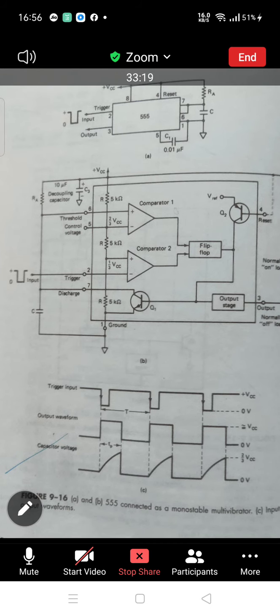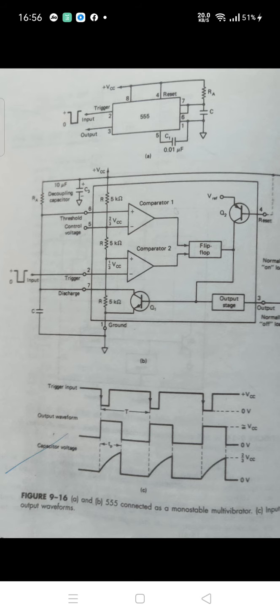According to this figure, the second one, figure B, initially when the output is low, the circuit is in the stable state. It is a monostable, so it has only one stable state, that is when the output is low. So initially when the output is low, the circuit is in a stable state.